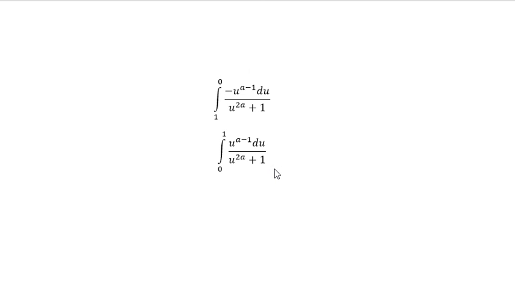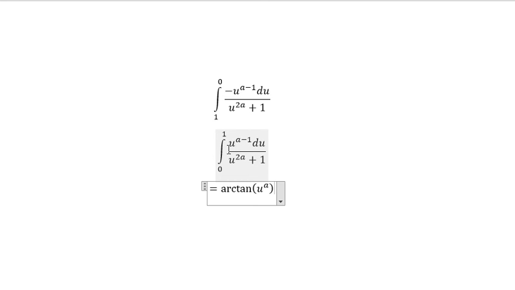Now we can get the final answer: the integral of u to the power of a minus 1 du over u to the power of 2a plus 1. We can change it to the arctan here. So we have u to the power of a.